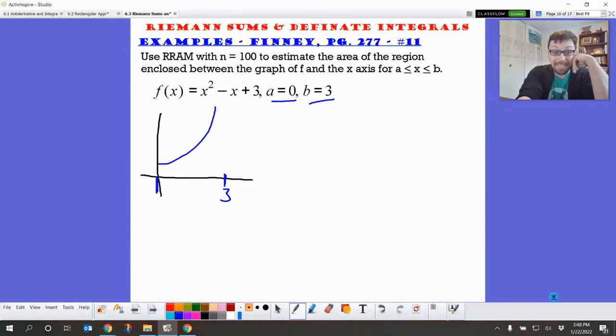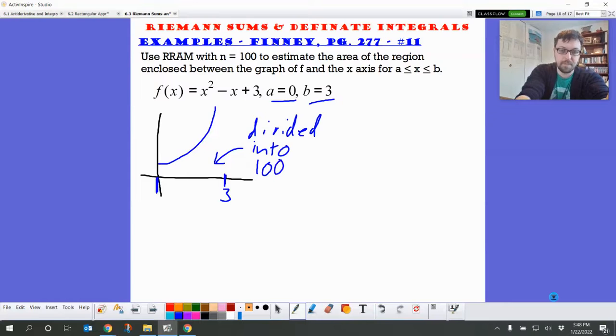But we're going to take this and chop it up into 100 pieces. Okay, so if we're dividing into 100 sections, we need to figure out what's going on here.